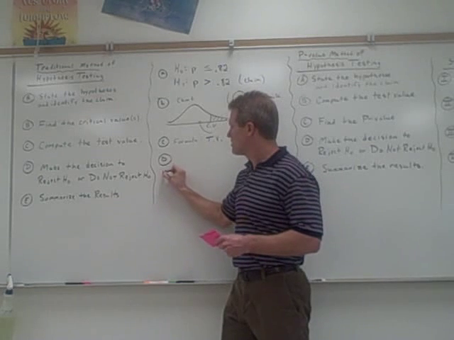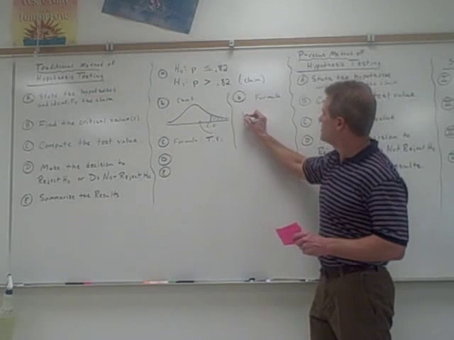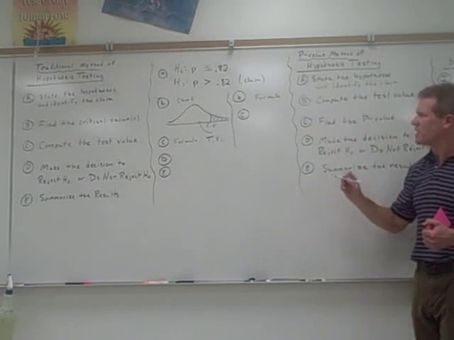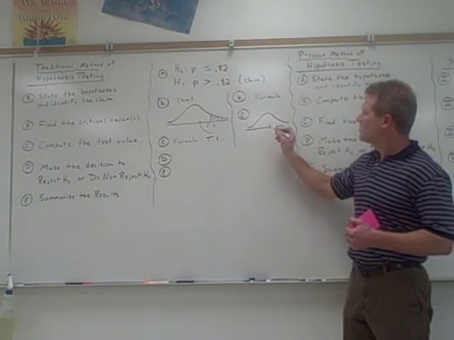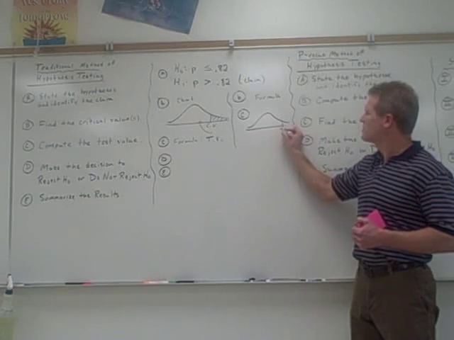And then step E, well, let's finish over here. Step C, find the p-value, okay? So let's say you've got some type of distribution. You didn't have to find the critical value here. Instead, you find the test value. Let's say the test value is here.